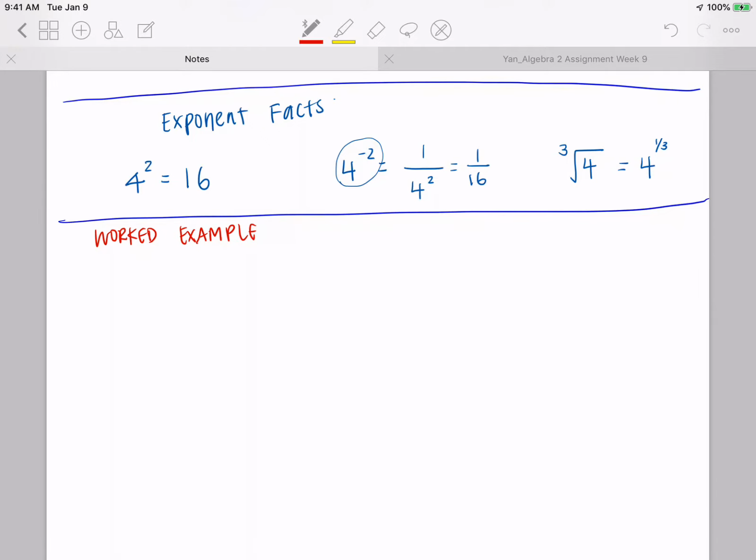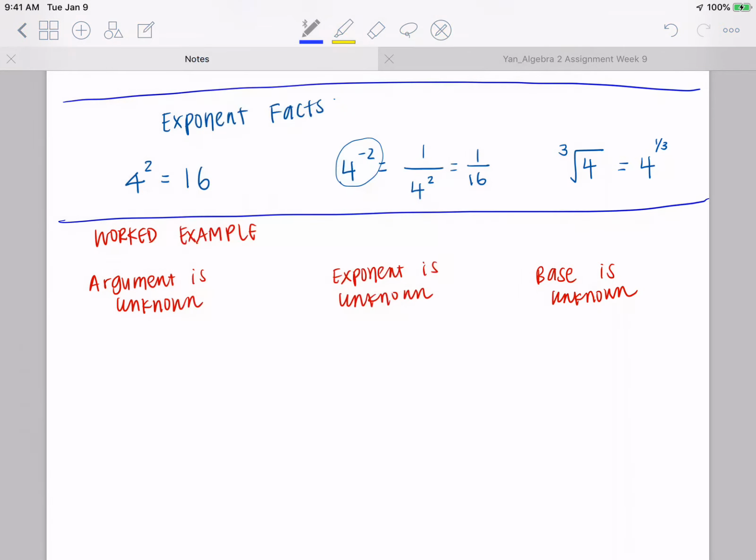There are 3 categories. There's one called argument is unknown, and there is exponent is unknown, and there is also base is unknown.